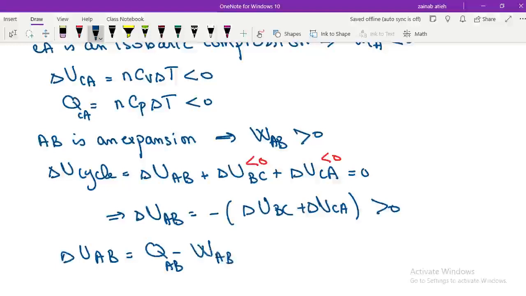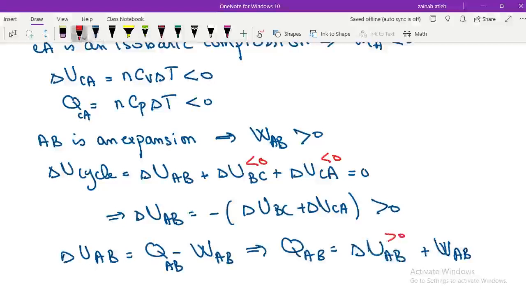So we've got Q_AB equals delta U_AB plus W_AB. Now we have delta U positive, we have work positive, so for sure Q_AB must be positive. So this implies Q_AB is positive.